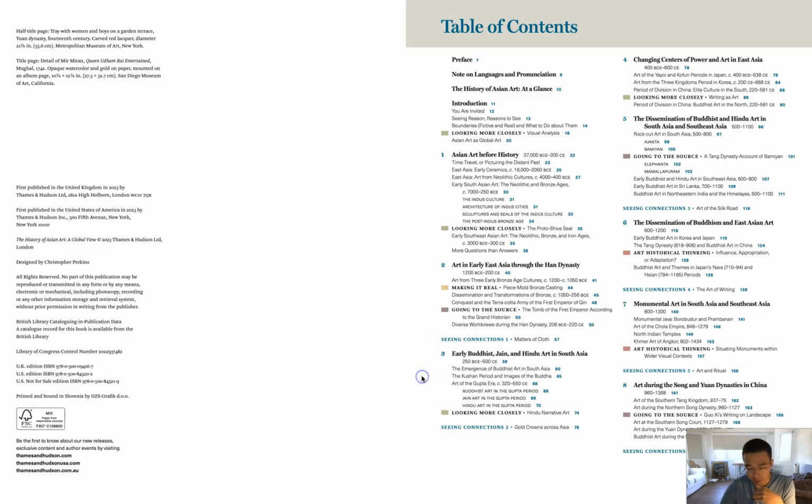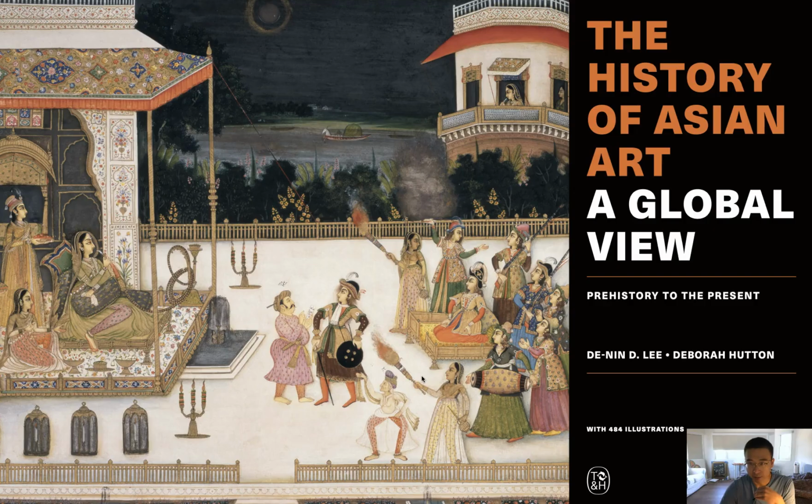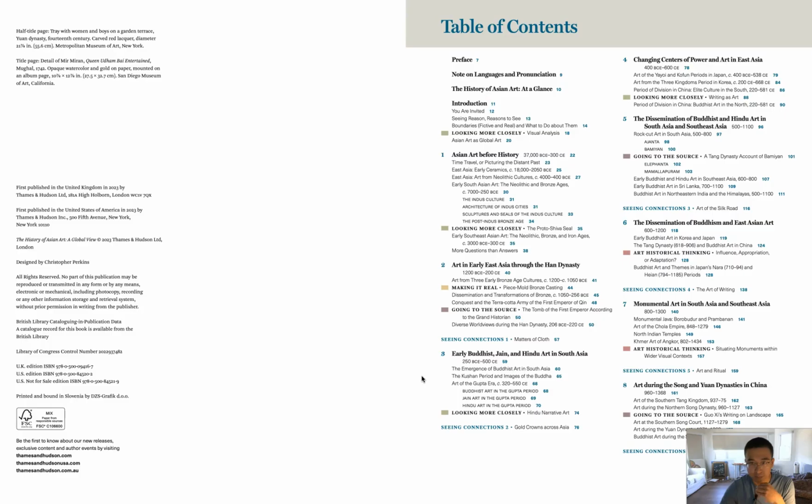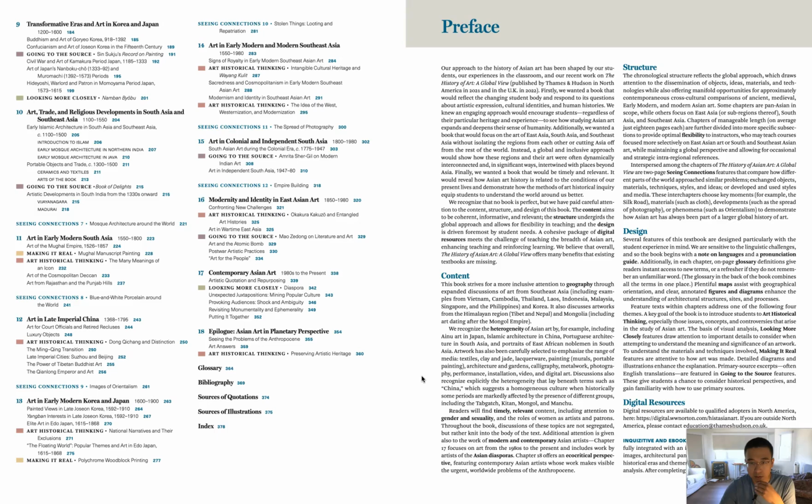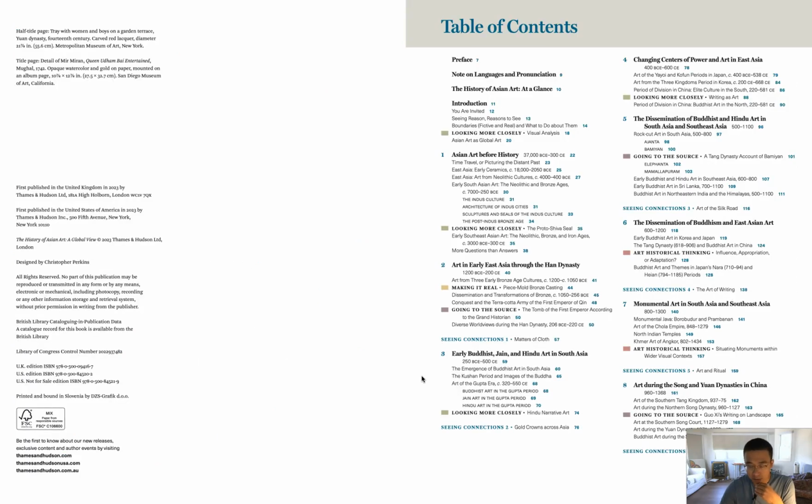This is the new textbook that we are using. It talks about similar things, but the structure is different now, because it treats the art history as a whole, with examples from all areas: South Asia, Southeast Asia, East Asia, all of those.